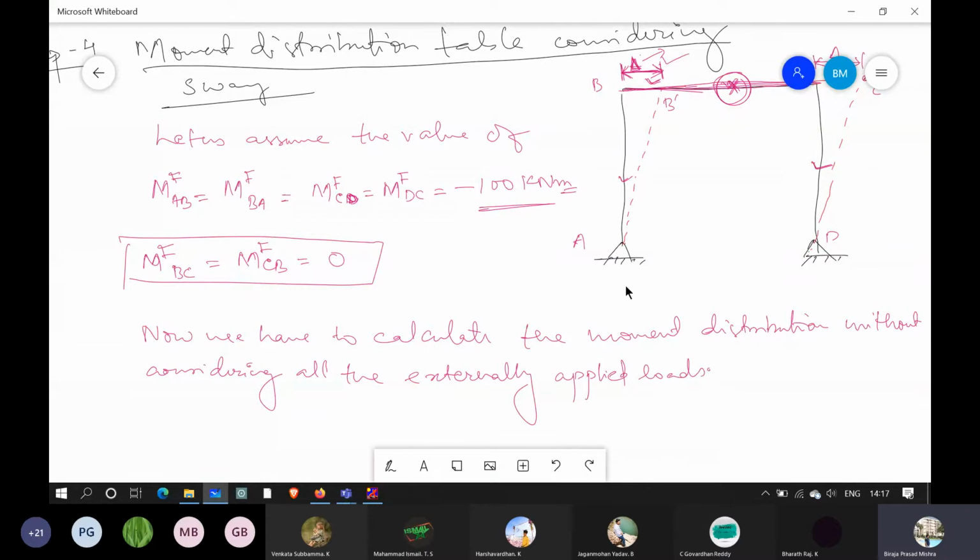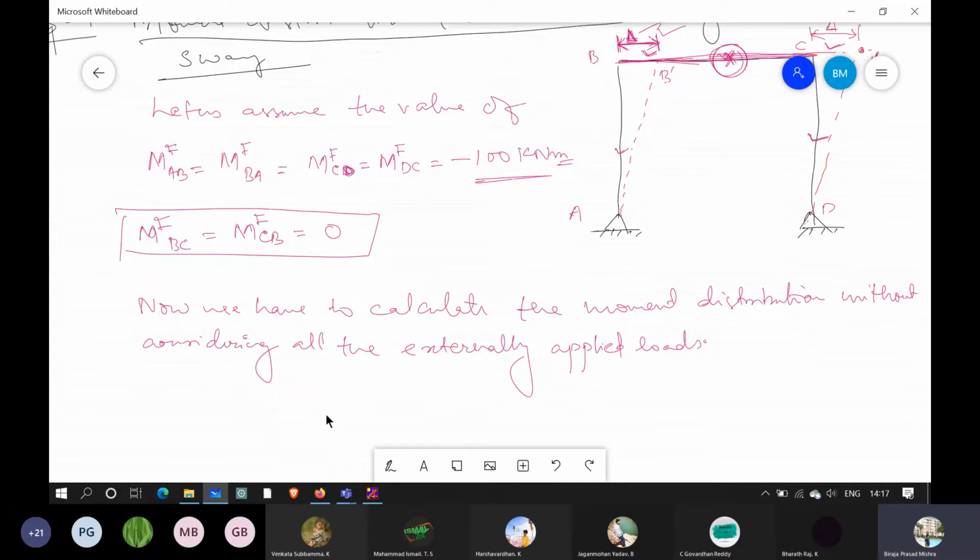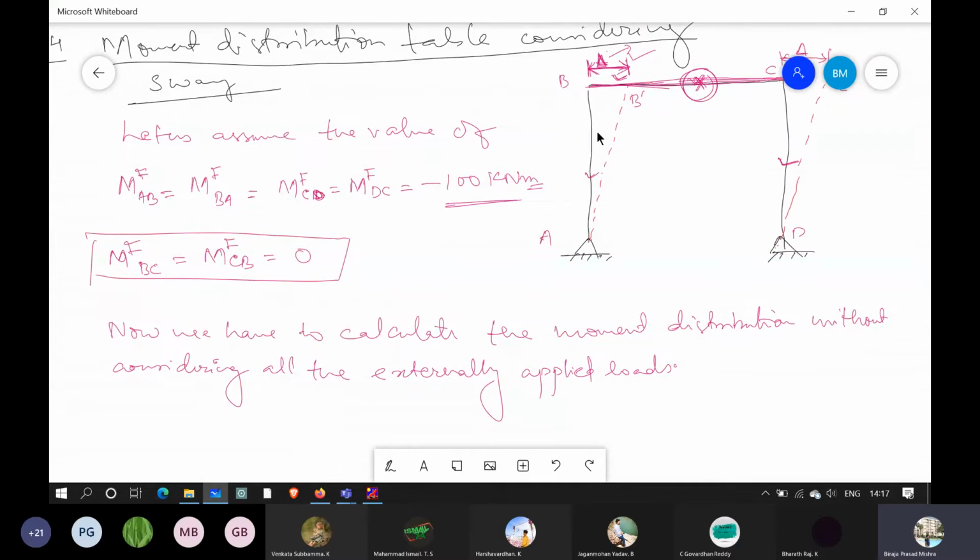Okay, so the same kind of distribution table we will make, but in this situation we are not going to consider the fixed moments which we calculated earlier.